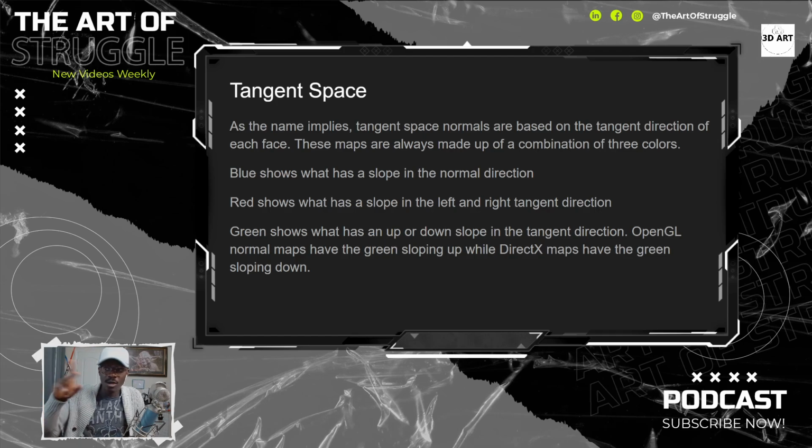So depending on if you're going into, like I said, OpenGL or DirectX, you might have to flip your green channel, right? These are things that you will learn working with normal maps. You'll be like, man, why does my normal map look funky? This is supposed to be protruding, this is supposed to be showing up, why is it showing up weird? Well, you might need to go in and flip your green channel, all right?